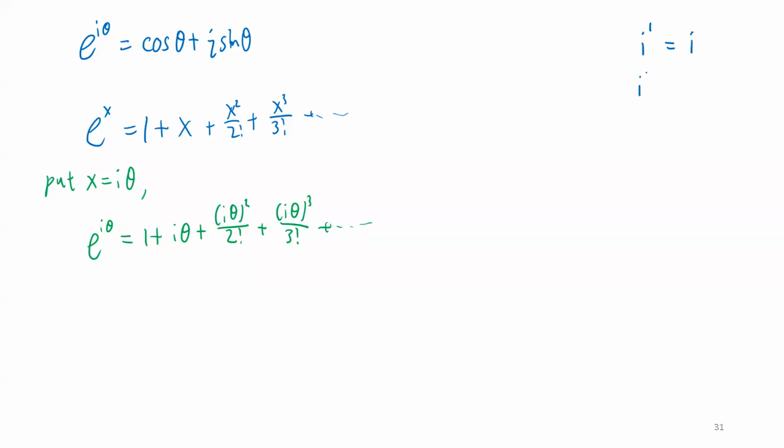If I have i squared, I have minus 1. If I have i cubed, I have minus i, and if I have i to the fourth, I get back to 1. Then i to the power 5 gives i again, and so on.